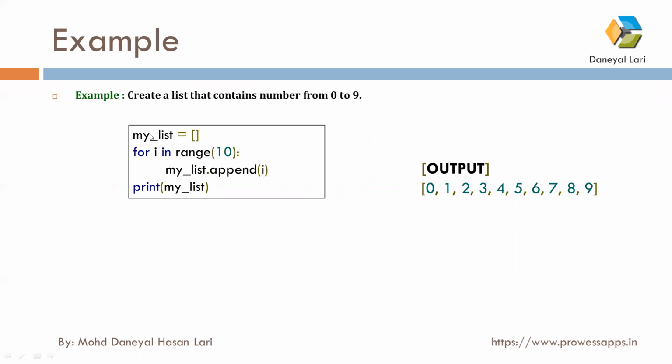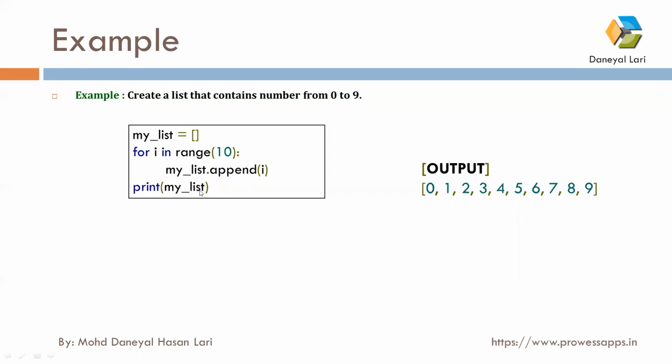You will write your code like this. First of all, you will create a list that will be empty. After that you will execute your for loop from range 0 to 10, fetch every element from that loop, and put those values into the list by using the append method.